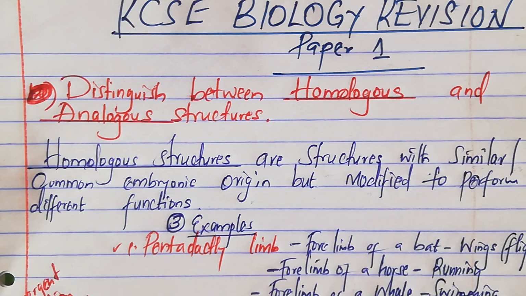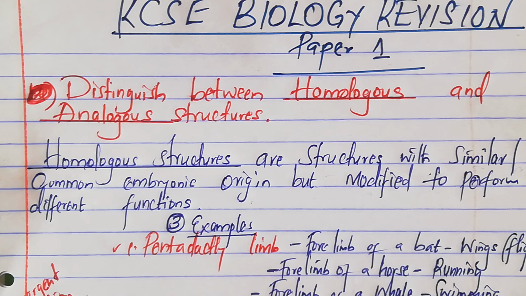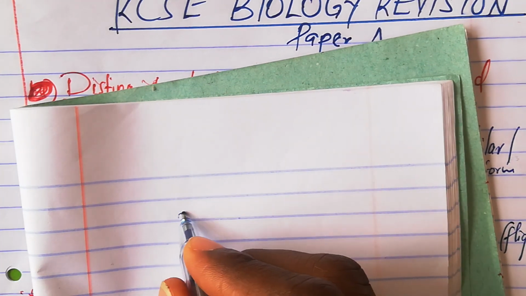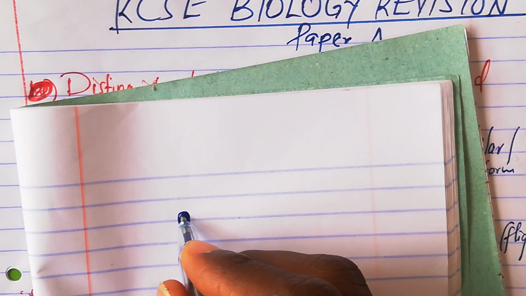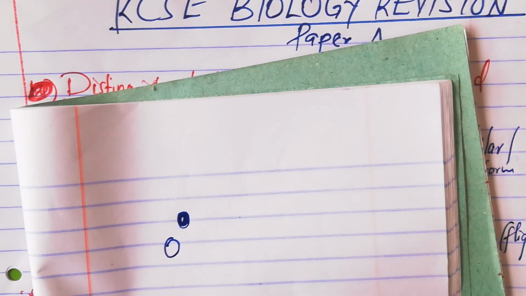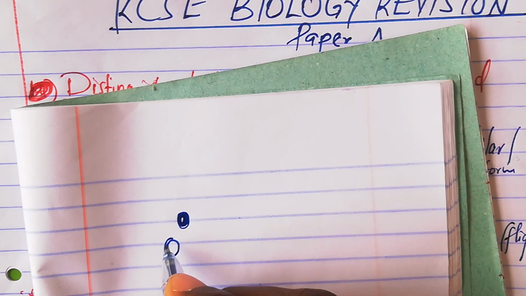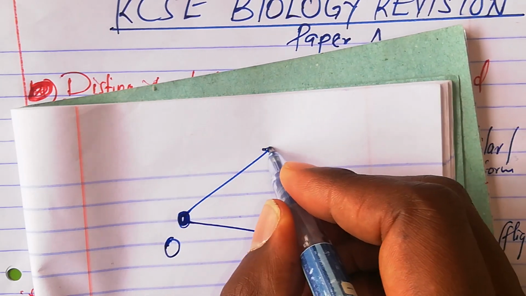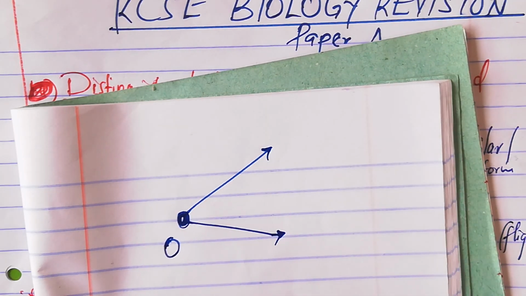If I may do a very small illustration of what I've said, when we talk about structures with common or similar embryonic origin, I will illustrate by the use of something like this. Let's say this is the origin. This is the embryonic origin, which is common, but these structures are modified to performing different function.